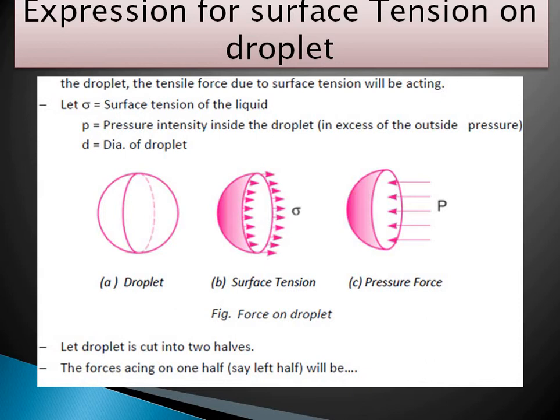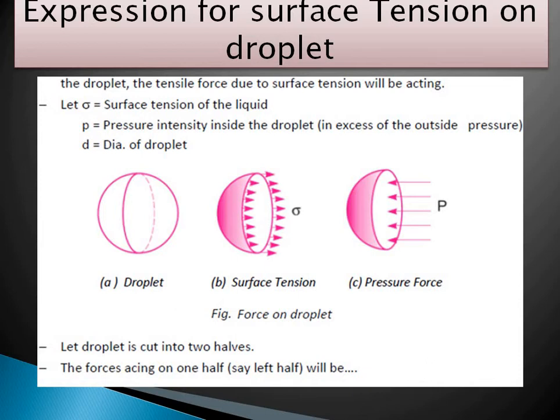Now, expression for surface tension on the droplet. The tensile force due to surface tension will be acting. Let sigma be the surface tension of the liquid, P be the pressure intensity inside the droplet, and D be the diameter of the droplet. Now consider this is a droplet which is shown in figure A in a circular spherical format.